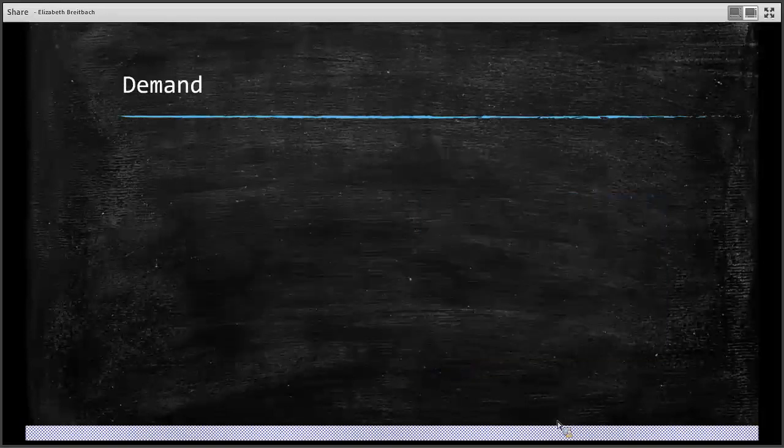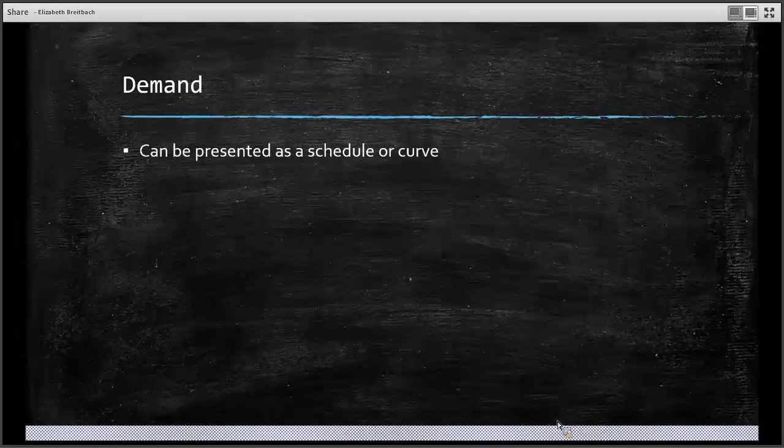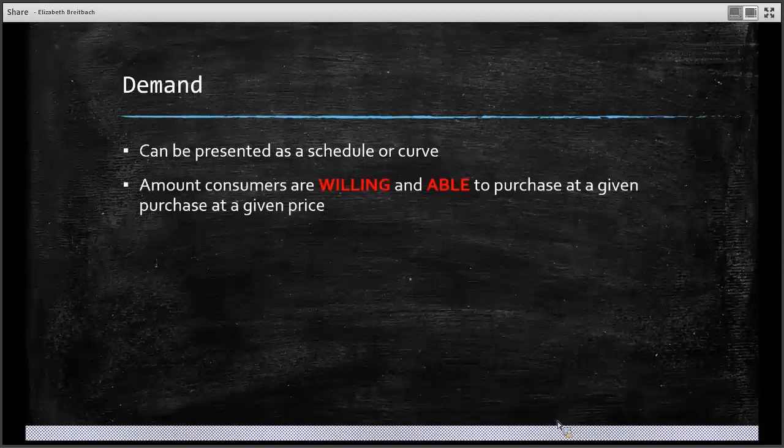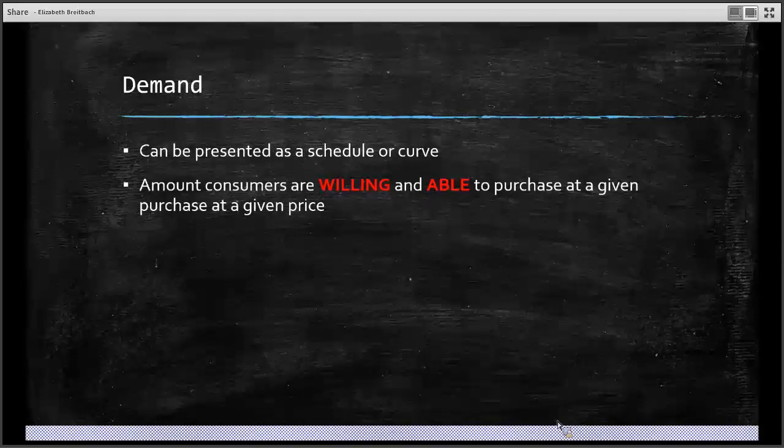So when we're thinking about demand, remember, we're thinking about consumers and how much of a product they want to consume. And so we're going to present it as both a schedule or a chart, and then also as a curve. We're going to graph it out. And our definition of demand is a two-part demand. Consumers are willing and able to purchase the product at the given price.